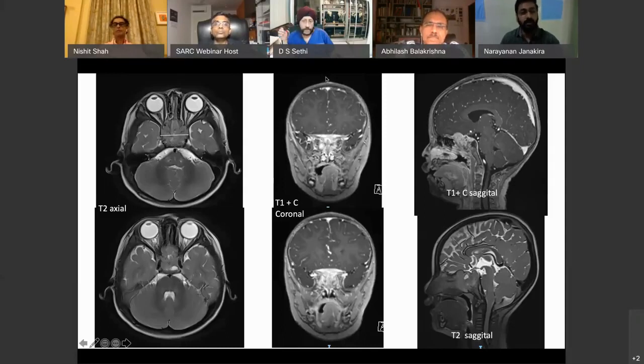Okay, what if the tumor does not shrink after the chemotherapy and radiation and the patient still has visual effects that are worsening? Would you then consider palliative surgery to decompress it for the vision? You're asking me, sir? Yes. Yeah, that's exactly what I did also for a few cases of rhabdo and Ewing's.